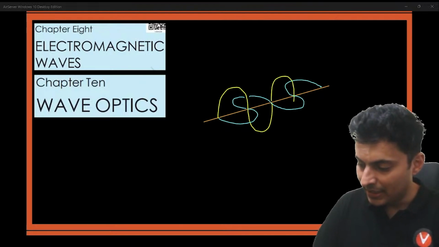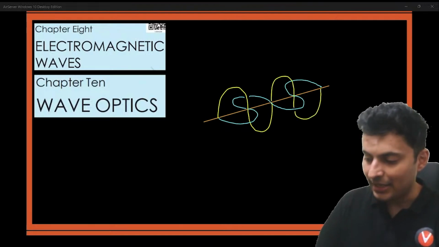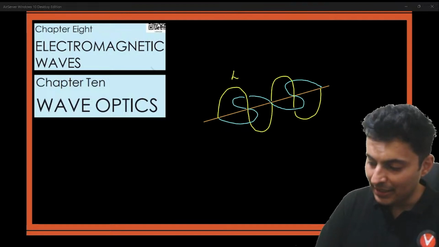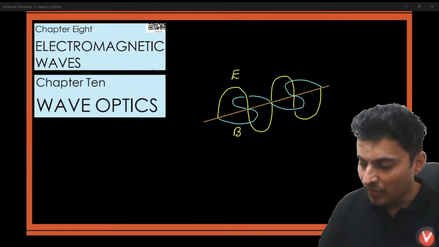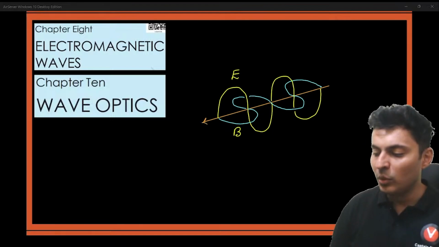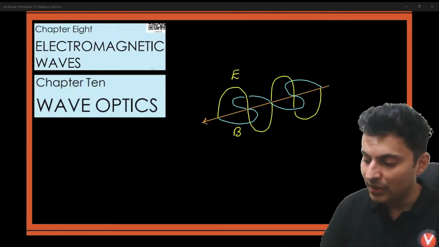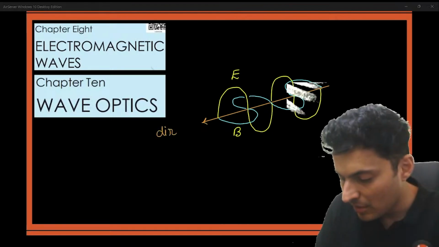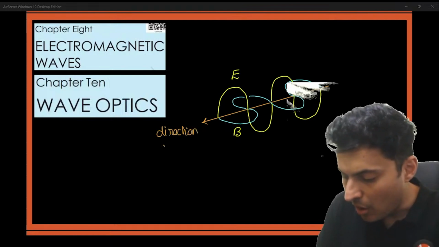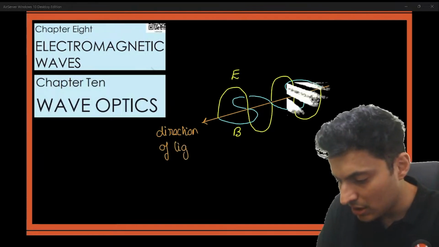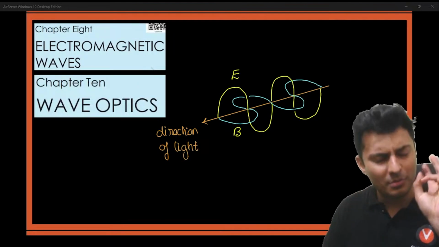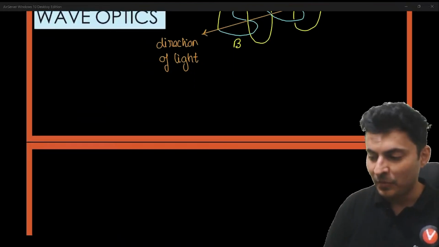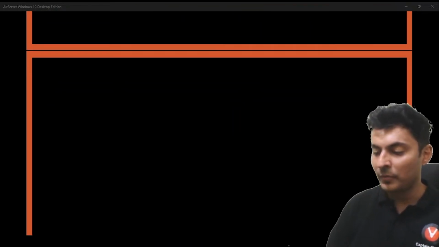One is electric field, other one is magnetic field. And this is how light will move. This is the direction of light. So the direction, electric field and magnetic field, all three are mutually perpendicular to each other. That's one diagram which you must know.